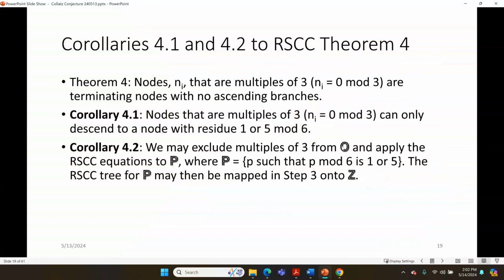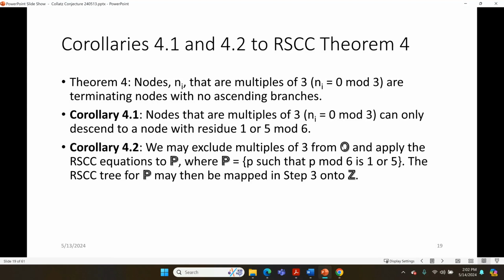Corollaries to Theorem 4 are Corollary 4.1 and 4.2. Corollary 4.1 is that nodes that are multiples of 3 can only descend to a node with residue 1 or 5 mod 6, which are the other odd integers besides multiples of 3.